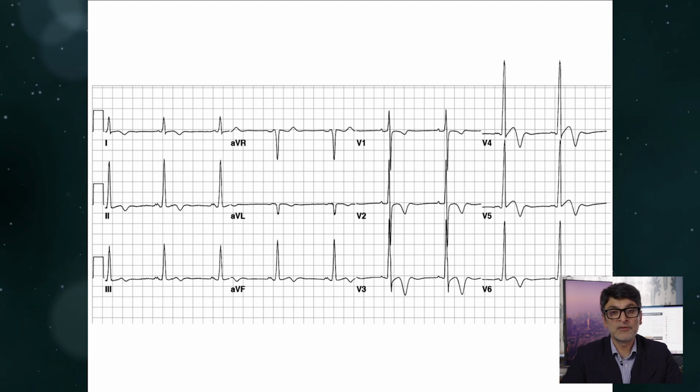So you've got a 35-year-old asymptomatic patient with a normal blood pressure, no evidence of aortic stenosis clinically, who has unexplained left ventricular hypertrophy. So clearly the investigation that you need to perform next is an echocardiogram.